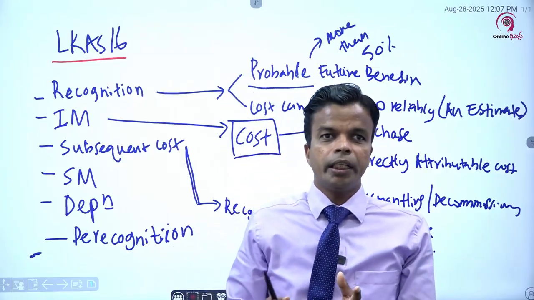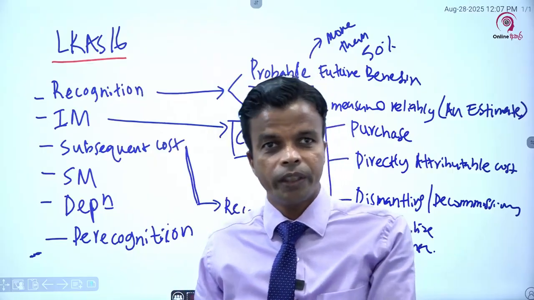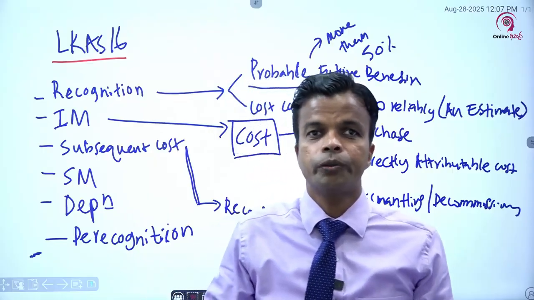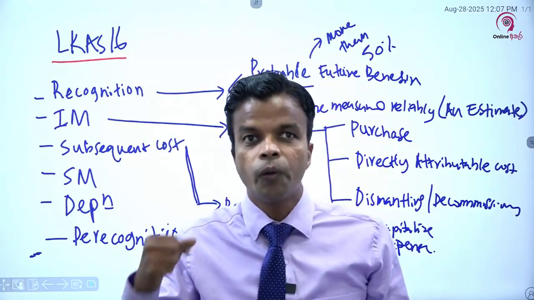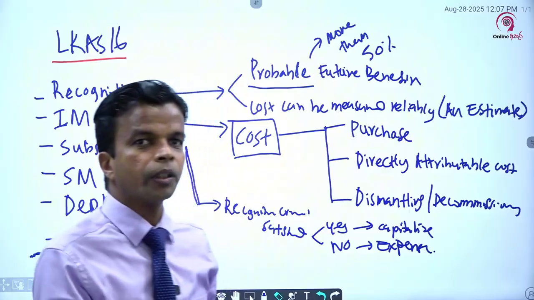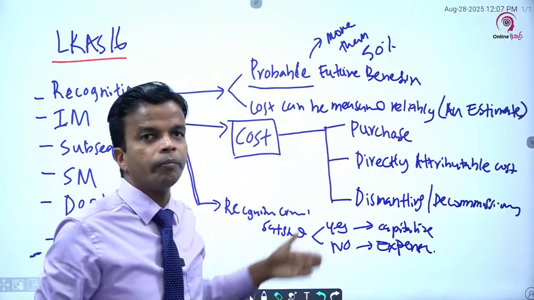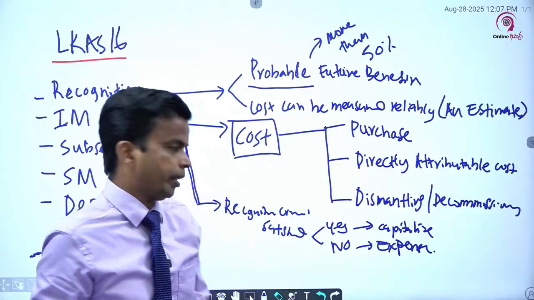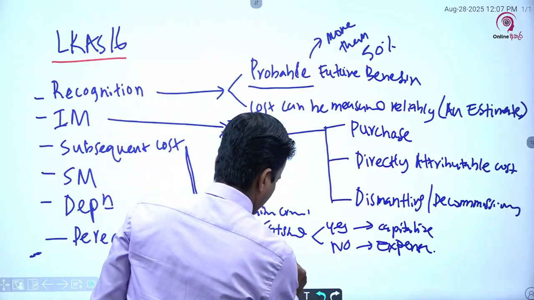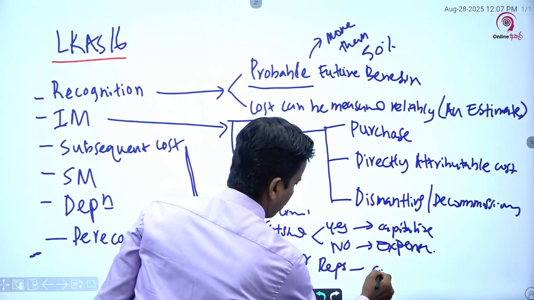So even though this is a repair after 3-4 years, the purpose of doing this major repair is to make sure that you will have no disruption in generating economic benefits. In that case, because these expenses will support you to generate economic benefits, they can be capitalized. Okay, major repairs: capitalize.